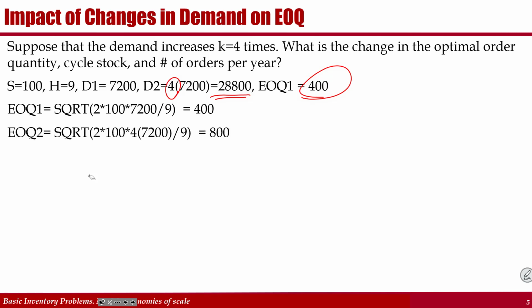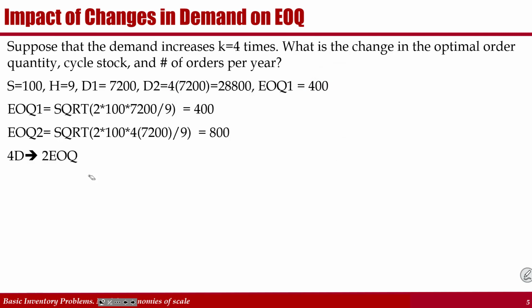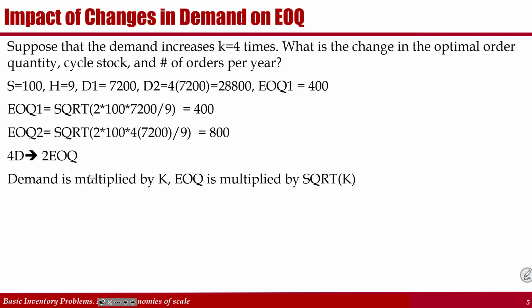EOQ1 was 400. EOQ2 is 800. Demand became 4D, but Q just became 2Q because D is under the square root. That 4, when it comes out of the square root, becomes 2. So if demand is multiplied by K, EOQ is multiplied by square root of K.